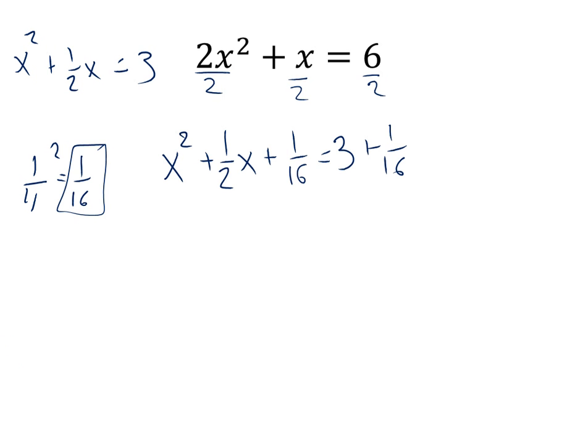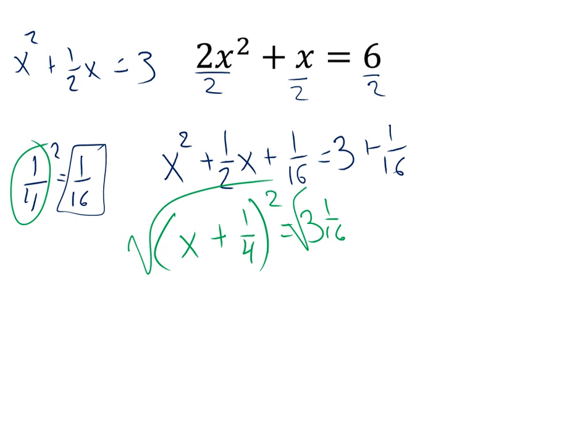Right. And now we group it, which gets us an x plus 1/4, which as you see was right here before we squared it. And that equals 3 and 1/16. And now we take the square root, which gets us x plus 1/4 is equal to plus or minus the square root of 3 and 1/16.